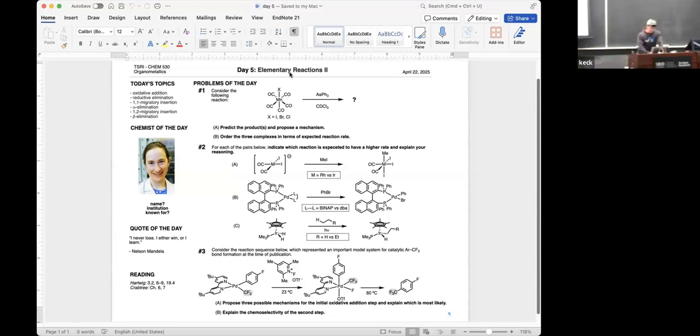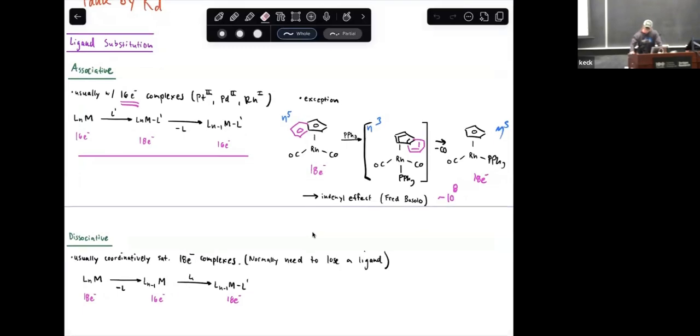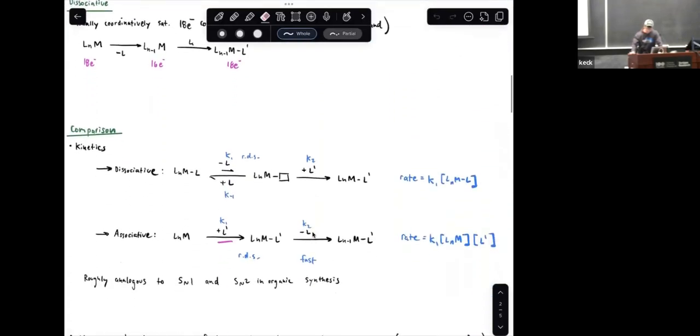Last time we left off with a discussion of ligand substitution and the prevailing mechanisms of ligand substitution, namely associative and dissociative pathways.